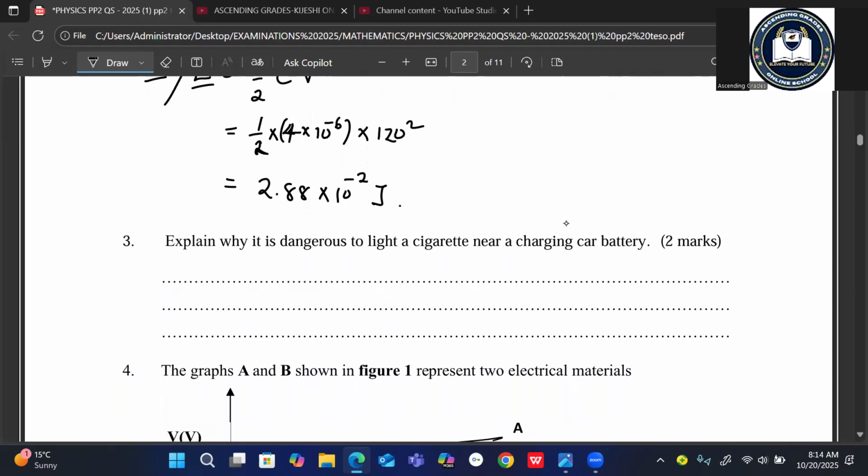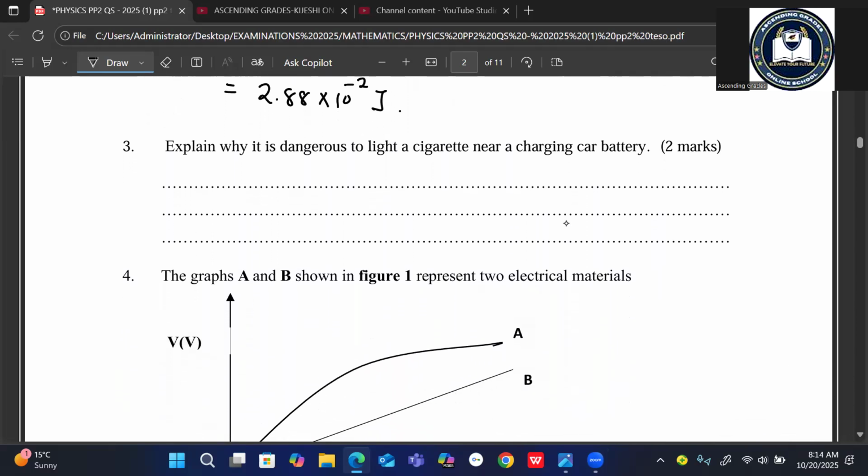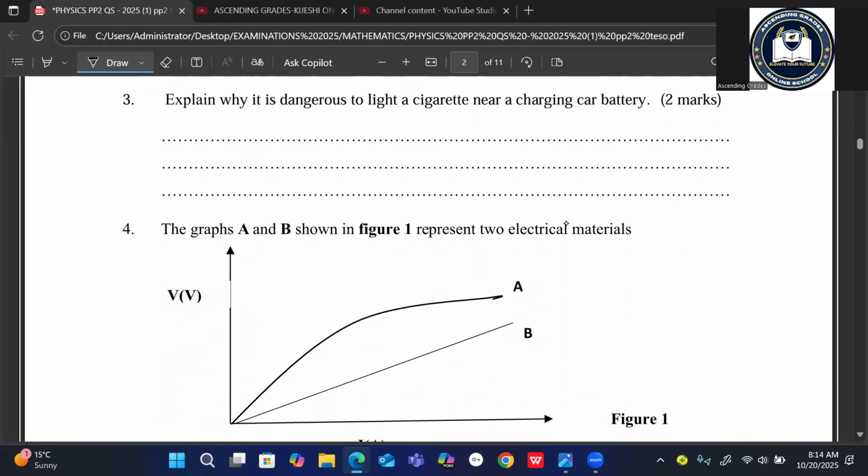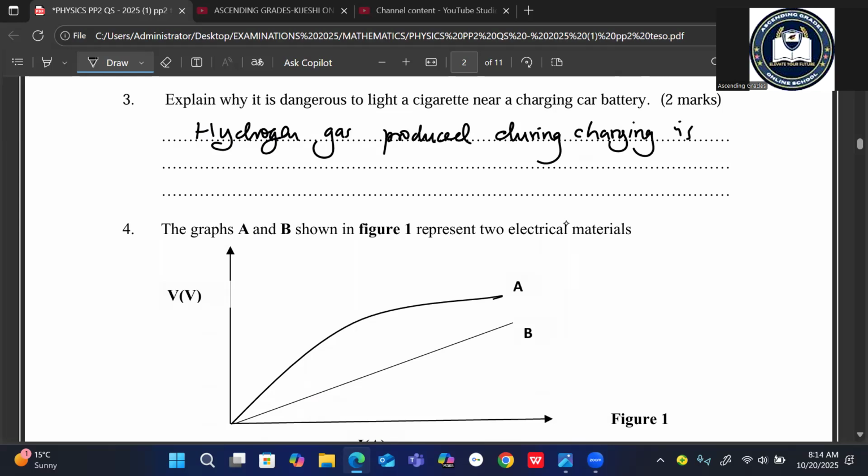Explain why it is dangerous to light a cigarette near a charging car battery. We all know that during the charging of a battery, we have production of hydrogen gas. And remember, hydrogen gas is highly flammable. Therefore, hydrogen gas produced during charging is flammable.